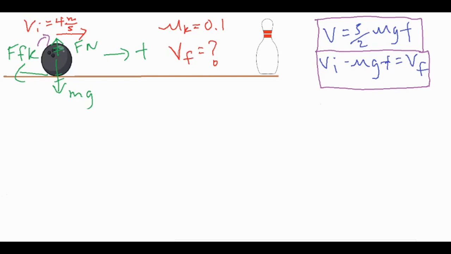Now for our final step, we're going to combine these two formulas together to get our final answer of what the final velocity is. We have 5/2 mu GT, which we got using some of our rotational quantities, and then we got VI minus mu GT using our linear or translational quantities.